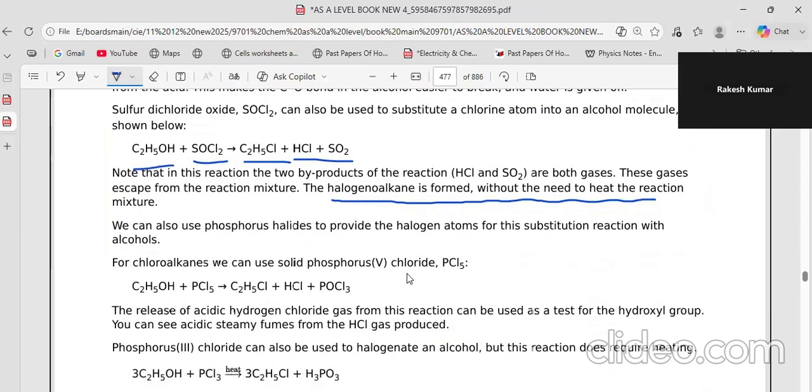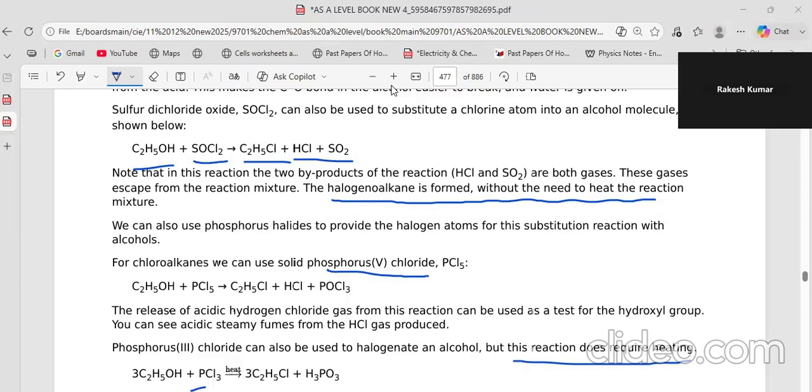We can also use phosphorus chlorides, PCl3 and PCl5. The reactions are different, but this reaction does require heating. So you remember the conditions.